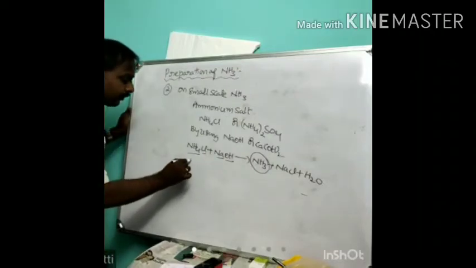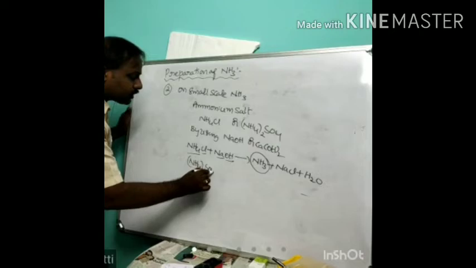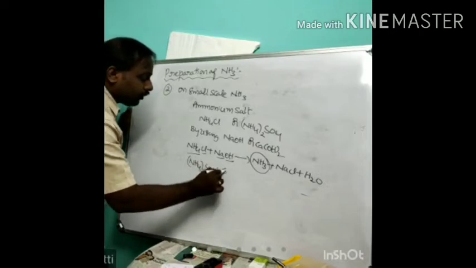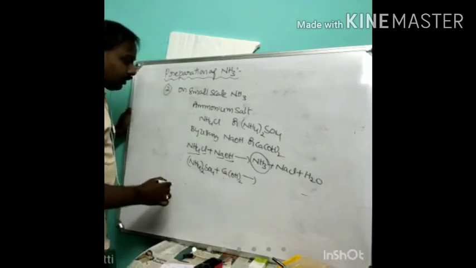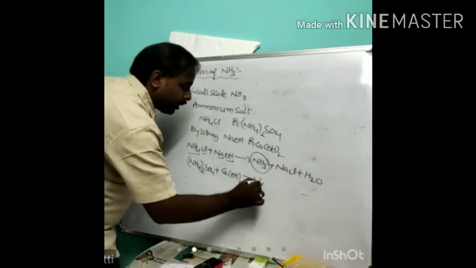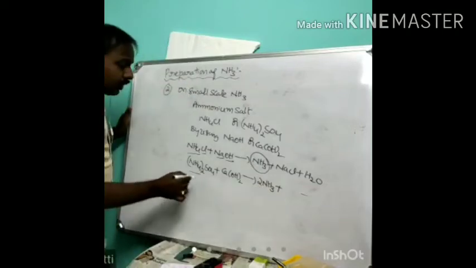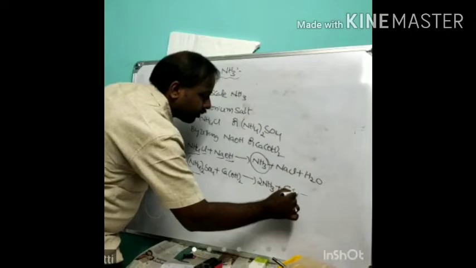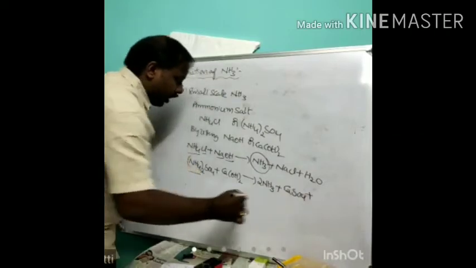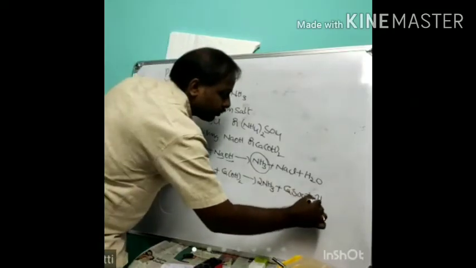If you take (NH4)2SO4, ammonium sulfate, a salt of ammonia, and calcium hydroxide, again you will get 2 moles of ammonia, next CaSO4, and after that, the 2 OHs give 2 H2O.